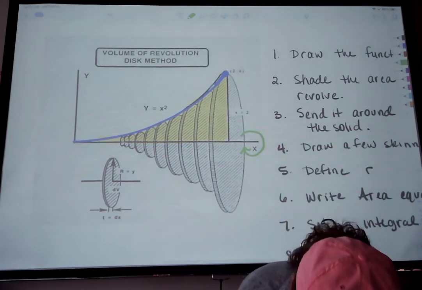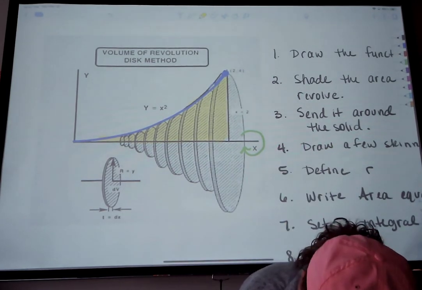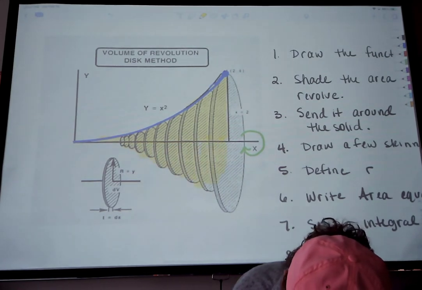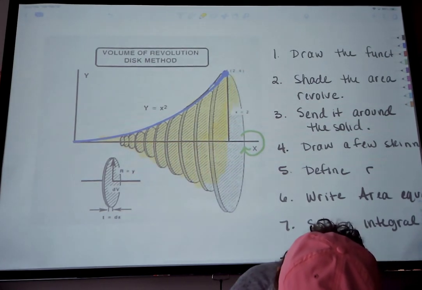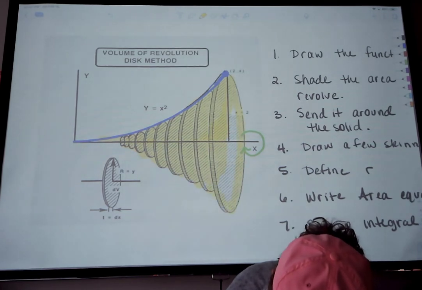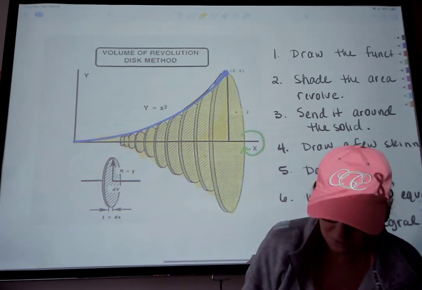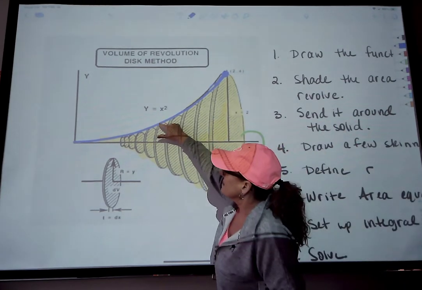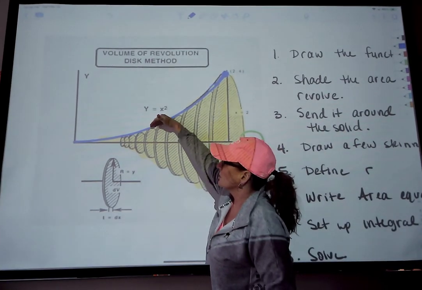Well, obviously, it would make all of this. And you know how this is like the outer edge up on top?